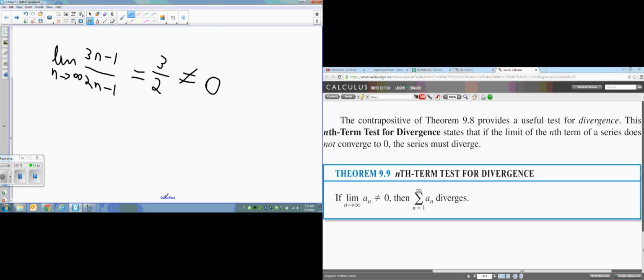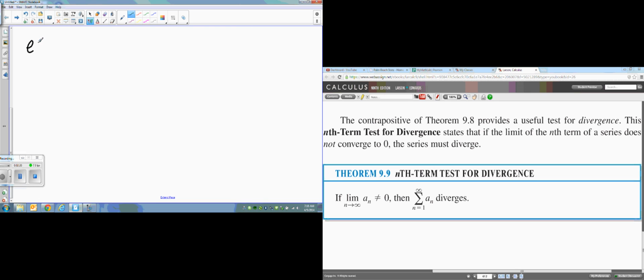The problem will be given to you this way: you'd have the sum from n equals 1 to infinity of 1/n.